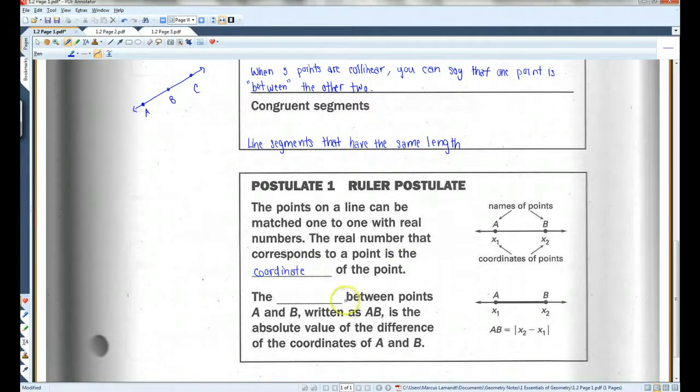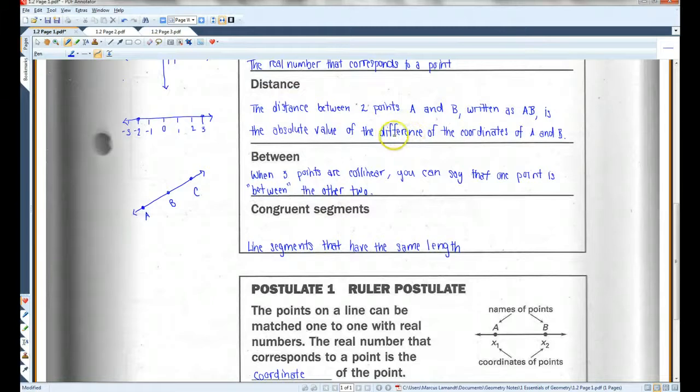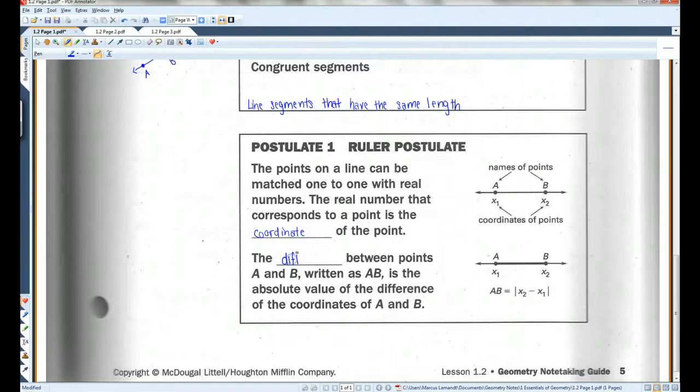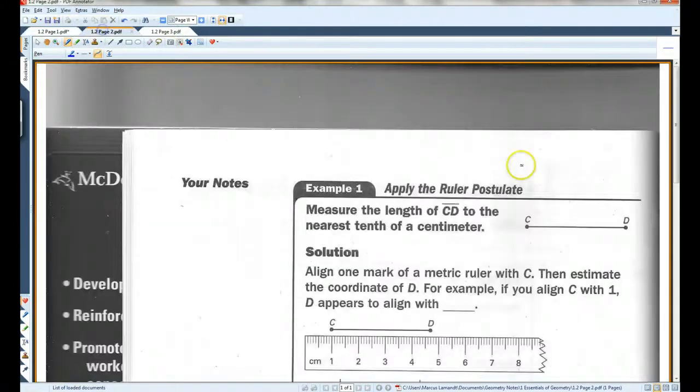The distance between points A and B, written as AB, is the absolute value of the difference of the coordinates of A and B. Now if you look up here, it's the difference. Okay, let's go on to the next page.